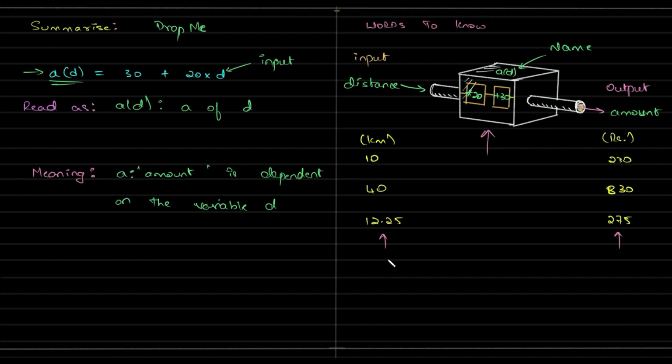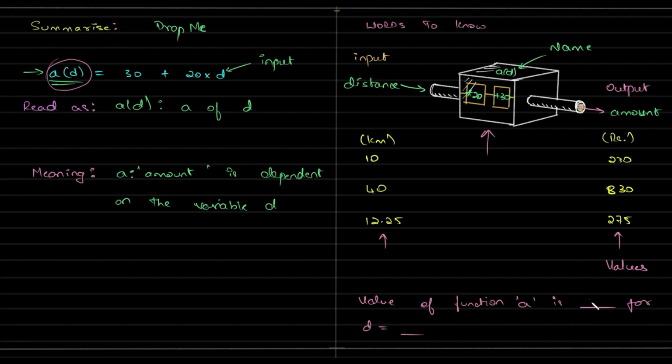There is a special name to this. These are known as values. Values are nothing but another name for output for a particular input. So the language goes like this: value of function. They call this a function. The value of function A is 230 for D being equal to whatever the value is.